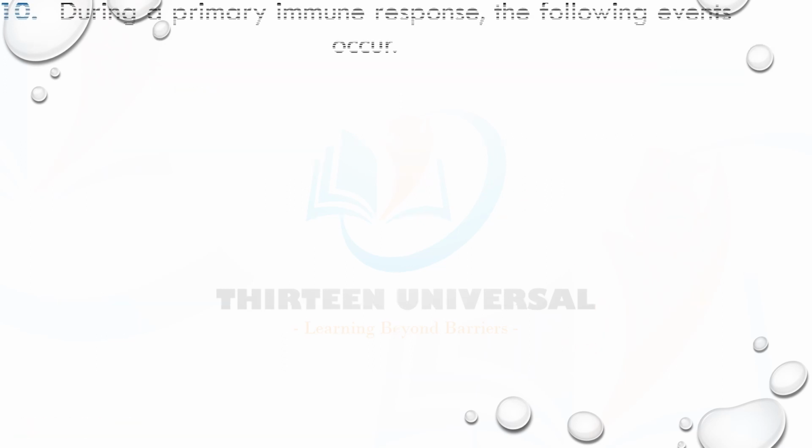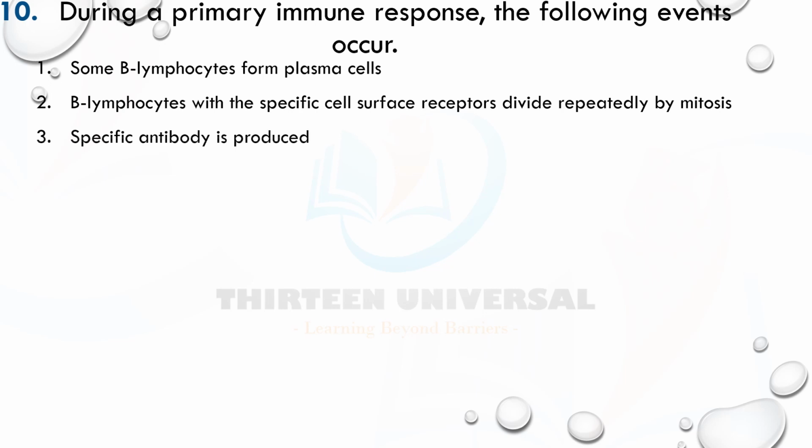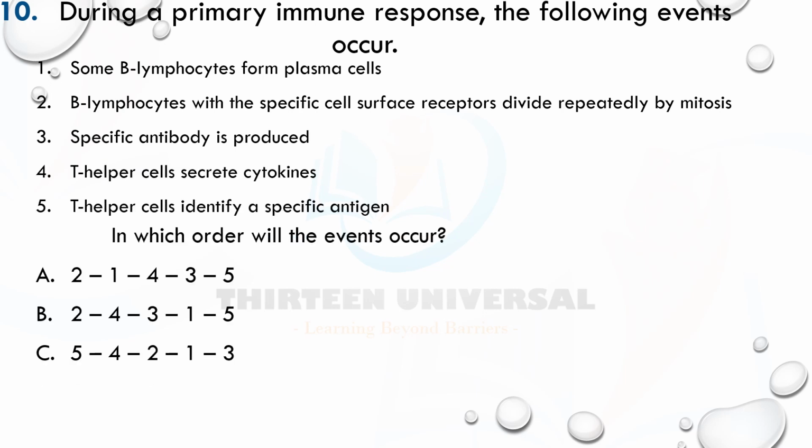During a primary immune response, the following events occur. In which order will the events occur? So what's the first thing that happens? Some B lymphocytes form plasma cells. That's not the first thing. B lymphocytes with specific cell surface receptors divide. No, that's not it.